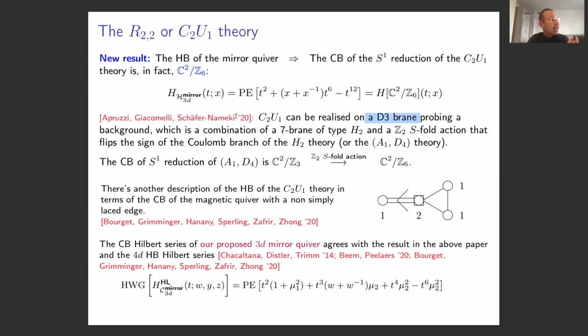This is the technique that they use in this paper. If you look at the singularity of type H2, you get an Argyres-Douglas theory of type A1D4, right? Whose Coulomb branch upon reduction is C2 mod Z3. And once you combine the C2 mod Z3 with the S4 action, you get C2 mod Z6.